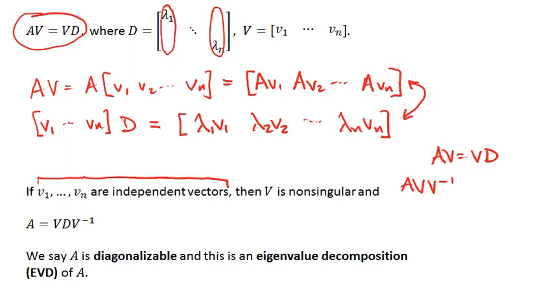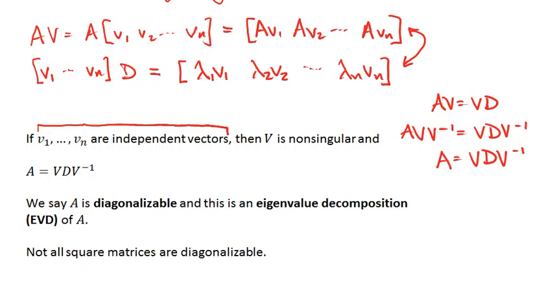A equals V D V inverse, and the V times the V inverse is just the identity. So if V is non-singular and V inverse exists, we can do this. And this is called an eigenvalue decomposition, which we'll abbreviate as EVD.